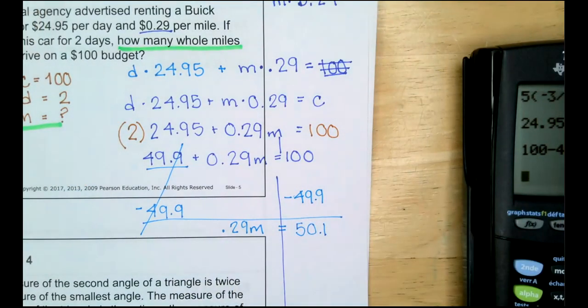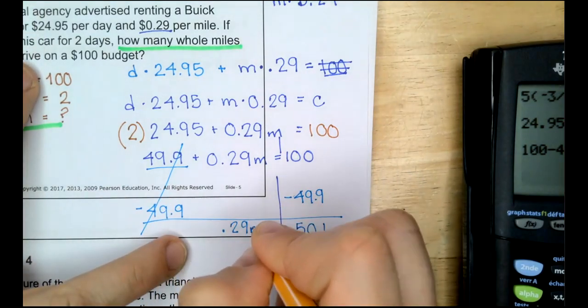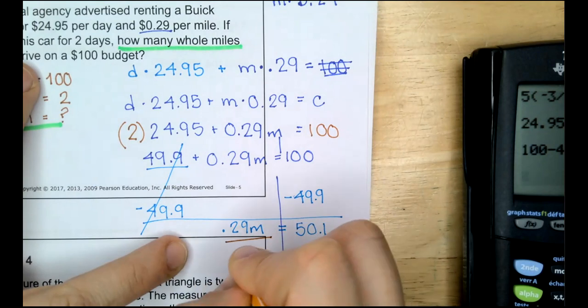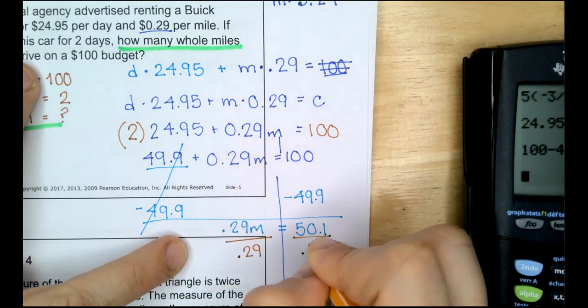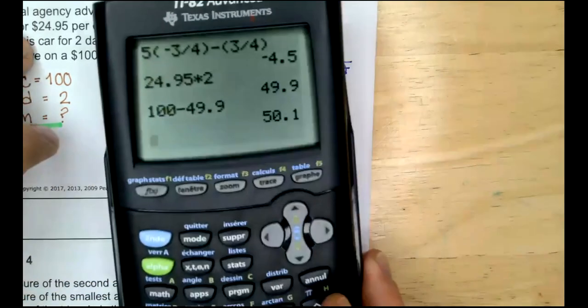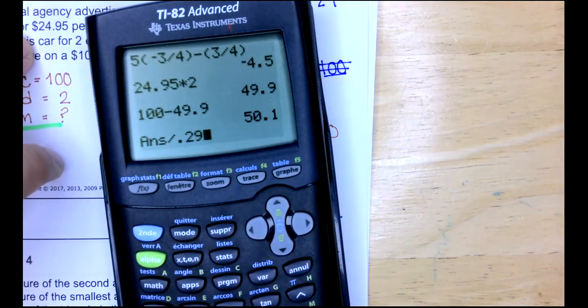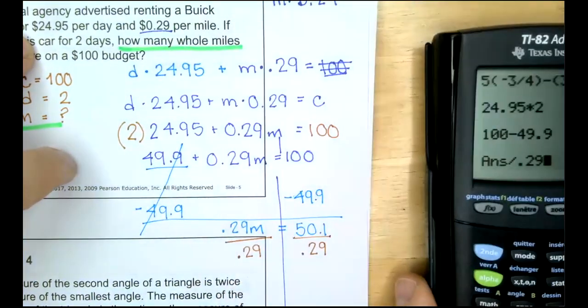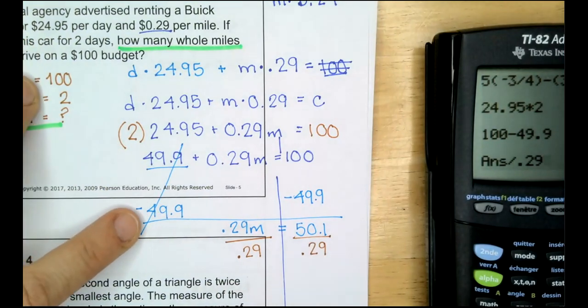There is one more step, and that is M is being multiplied by 0.29. So I'm going to divide it by 0.29 because that is the opposite of multiplying. So I'm going to take that 50.1 and I'm going to divide it by 0.29. Do you think it's going to be a bigger number or a smaller number than 50 if I divide it by a fraction?